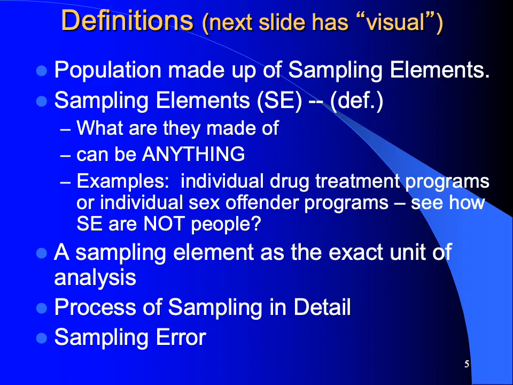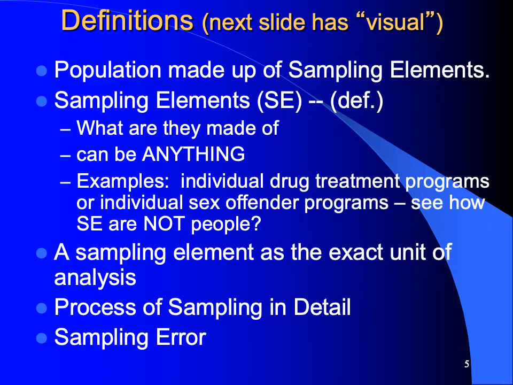Let me give you some examples of when they're not individual people. What if you wanted to study what kinds of drug treatment programs are most effective? You're interested in how they structure their programs that actually treat drug addicts. Well, in that case, you would probably study individual drug treatment programs, not individual people, right? Same thing, maybe sex offender programs.